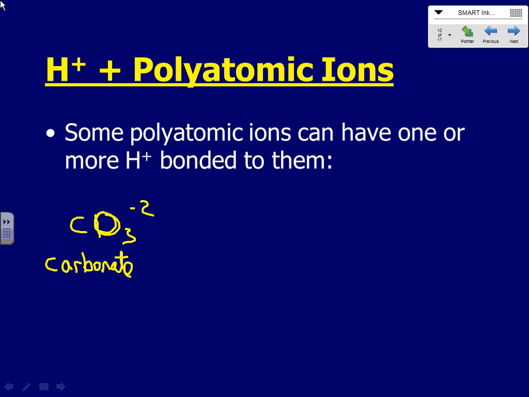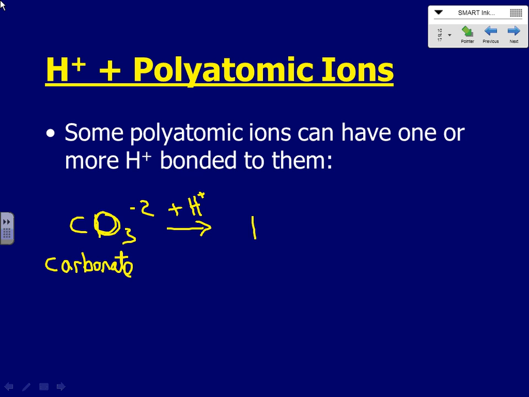And now I'm going to add an H plus. Hopefully that's not too confusing. It looks a little confusing on my note there, but you can write it such that it's a little smaller. And we're going to add an H plus to the front end of this little ion.